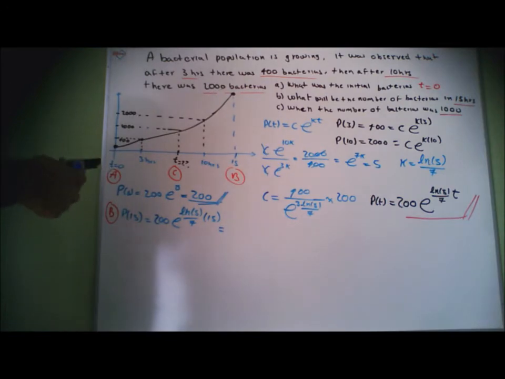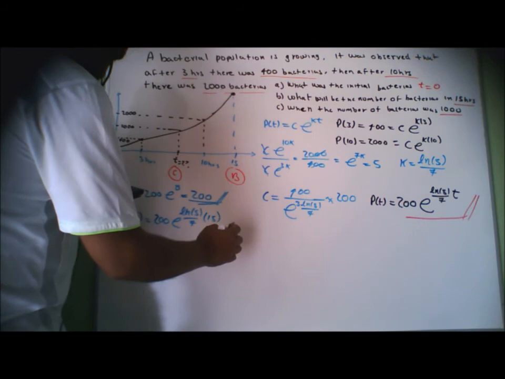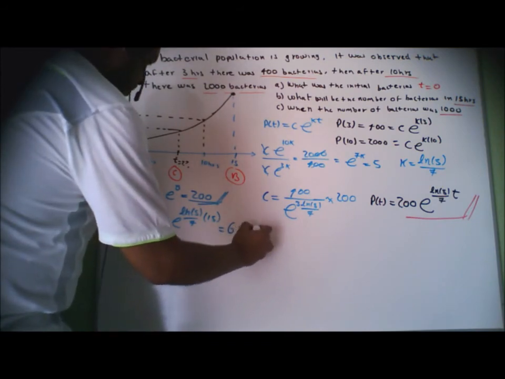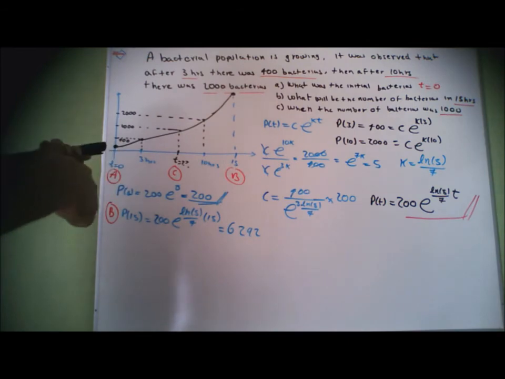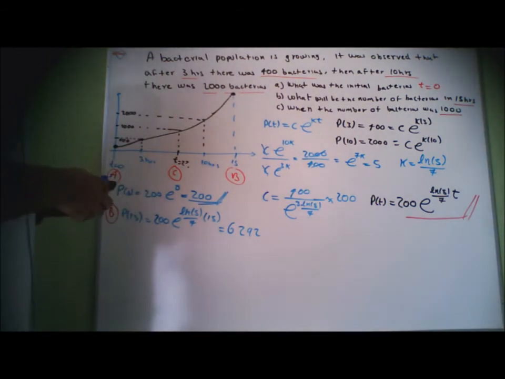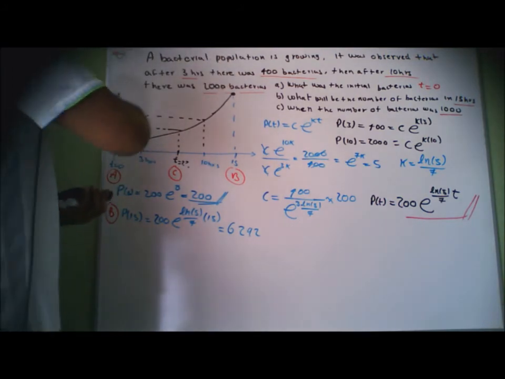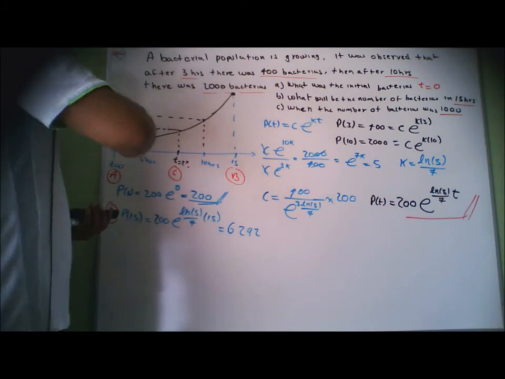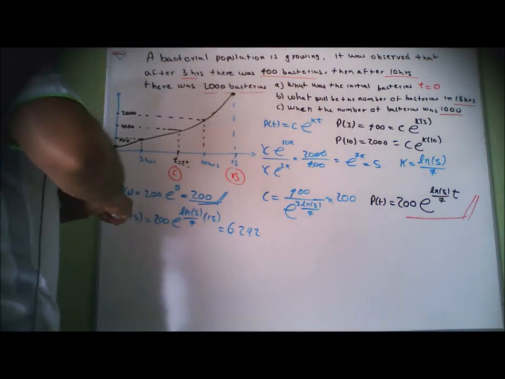Okay, the answer is 6,292, and that's it, without the decimals, because we are going to consider the bacteria as integers. So 6,000 makes sense because it's bigger than 2,000 and it is growing exponentially, so it's not linear, it's exponential. So 6,292 bacteria.